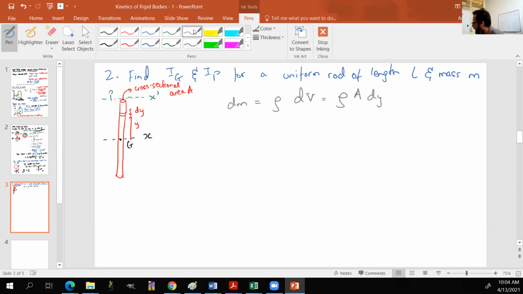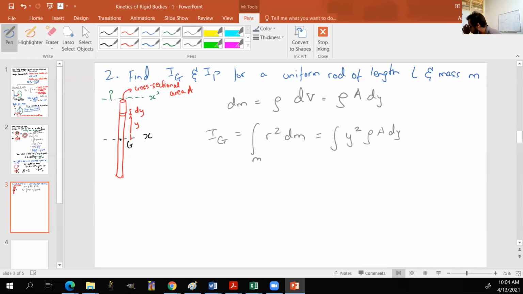From here, my mass moment of inertia, that's the formula. R here, because we're taking it from the axis passing through the center, is just going to be y squared times dm, which is rho A dy.